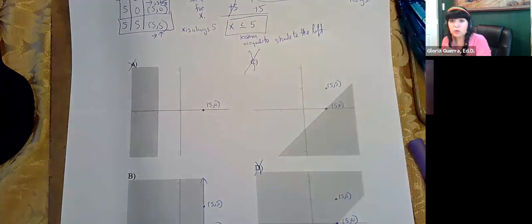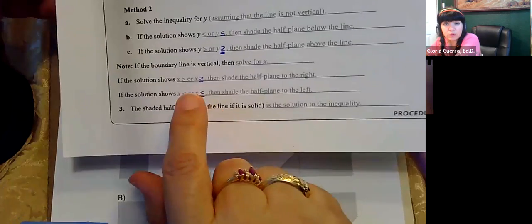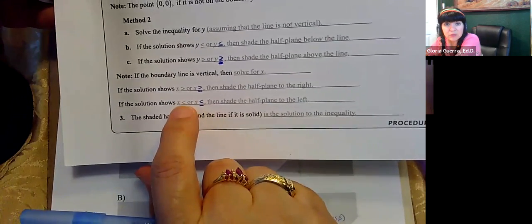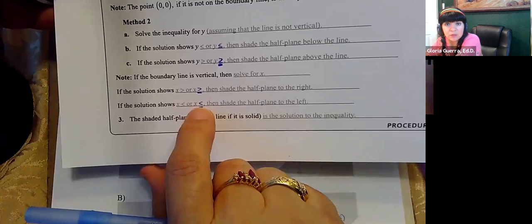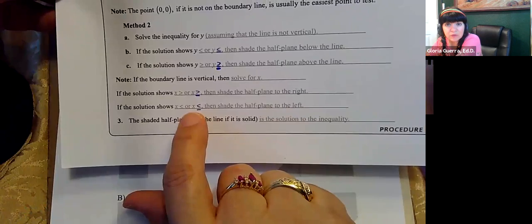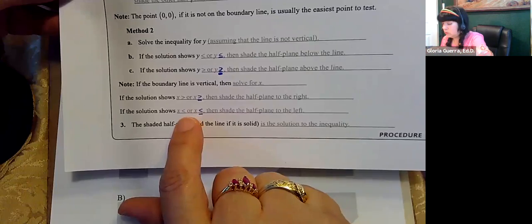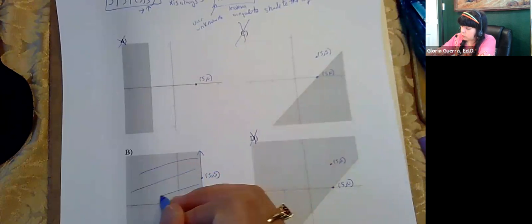If all your unknowns, x's, are less than or equal to that. So if I look at this here in your workbook, x is less than or equal to, shade to the left, see? That's what we want. That's what we have. Okay, so we want to shade to the left, and they did, see? So this looks like our answer.